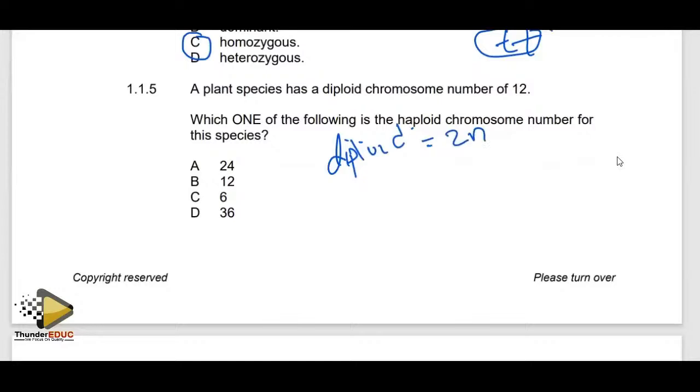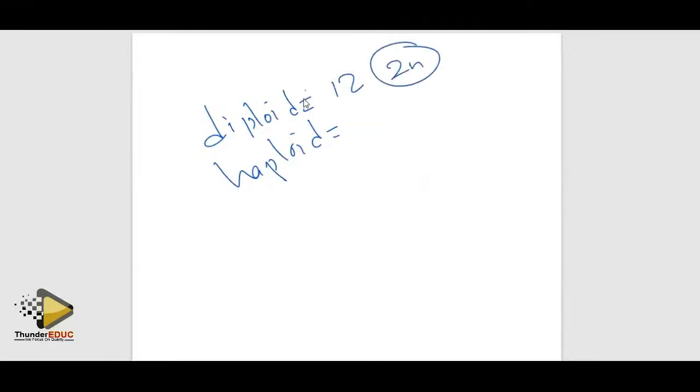That's why it's called 2 sets of chromosomes, 2n. So diploid means 2, and haploid means 1. If the diploid is 12, and this means 2 sets of chromosomes, then haploid means half. So half of 12 is 6. So 1n is going to be 6.